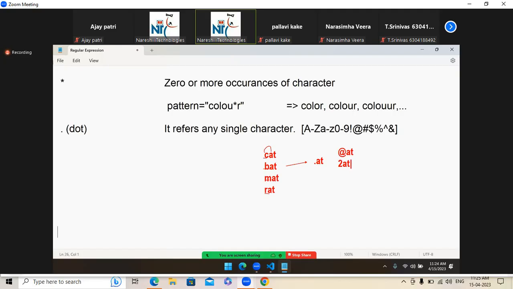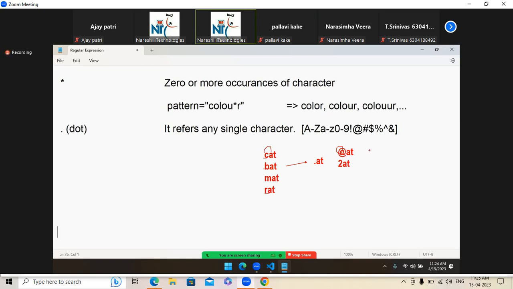Why? Because dot indicates any special character, any alphabet, any number, any one character. That is defined by using dot. Later you will learn how to allow only alphabet, only number, like that. So that is the purpose of dot.